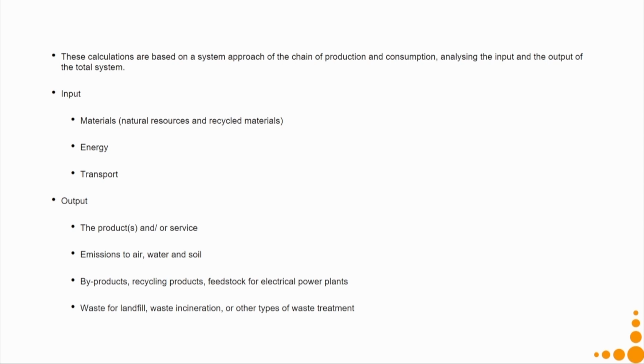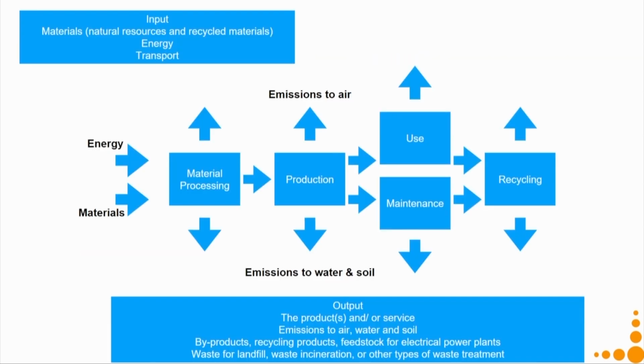So, when I burn it, I am doing energy recovery, which can be used as a feedstock for electrical power plants, which then supply power to other processes. The output is also waste for landfill, waste for incineration or other types of waste treatment. So, if we try to see, this is the complete picture.